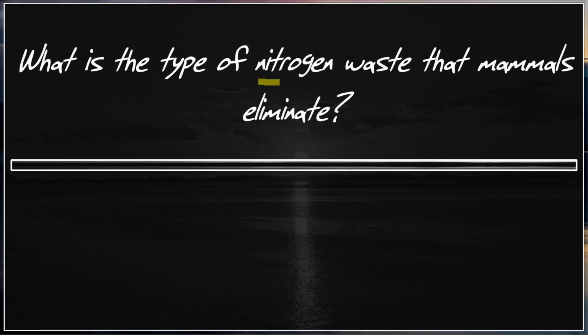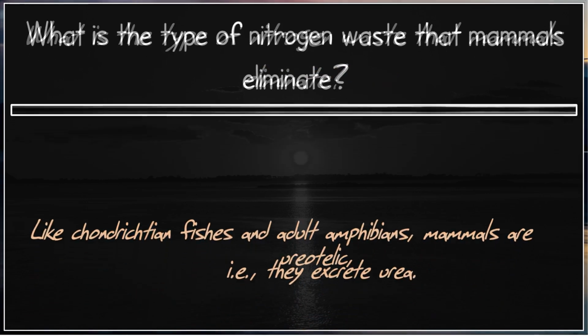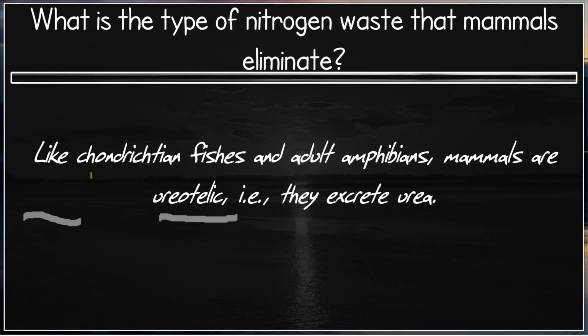What type of nitrogen waste do mammals eliminate? Like chondrichthyan fish and adult amphibians, mammals are ureotelic, that is, they excrete urea.